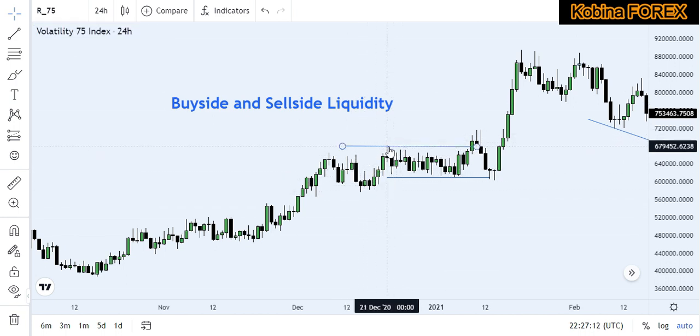Now what is the retail mindset thinking? It's thinking that as price was being rejected and is now consolidating in this area, price is going to continue up, as the body of this price action here has broken above this high. So the mindset is that price is going to continue.